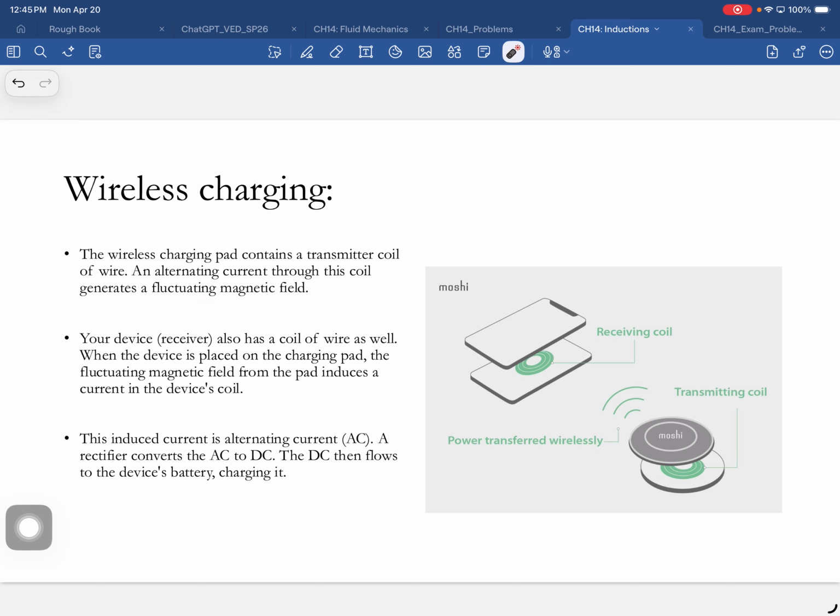Your device also has a coil of wire. When the device is placed on the charging pad, the fluctuating magnetic field induces a current in the device. A rectifier converts AC to DC. We'll look at rectifier circuits in a couple of chapters.